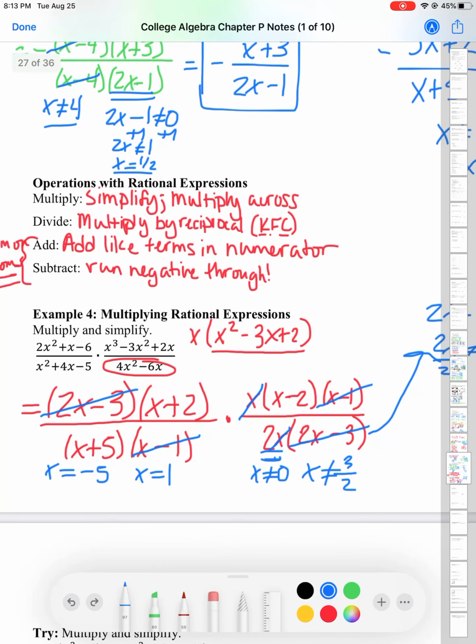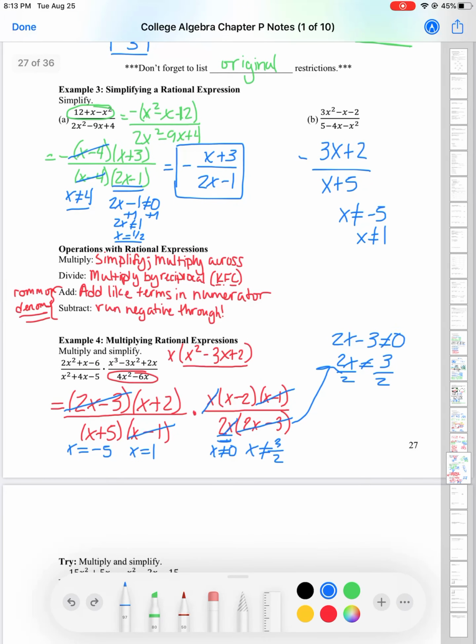After I think I'm done, we multiply the numerators straight across. So I'm left with x plus 2 times x minus 2 over 2 times x plus 5.